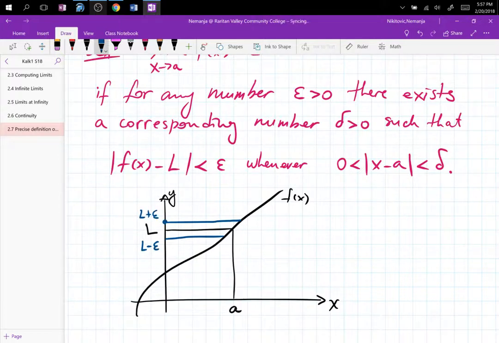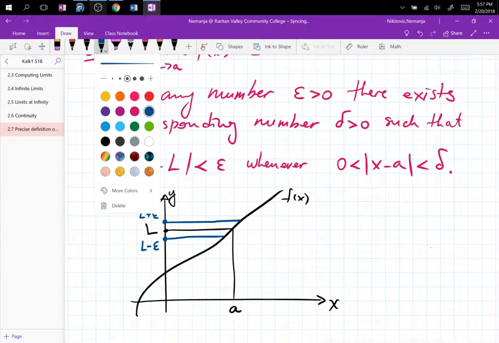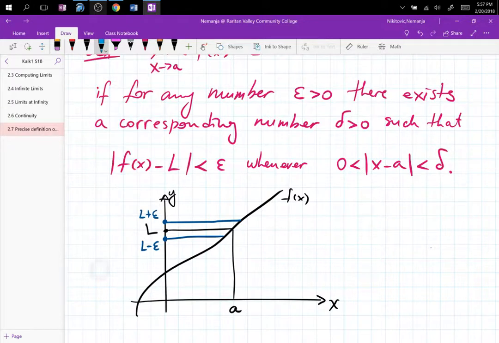Those are the values for these points around L. So L is a number, which is the limit, which is the answer. And now, let's use, I guess, lighter green. We drop this down, and that gives us a minus delta and a plus delta.